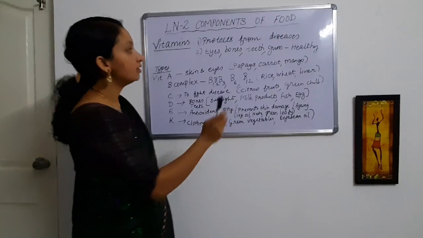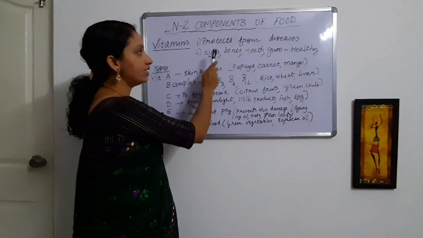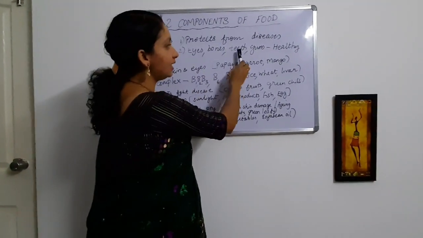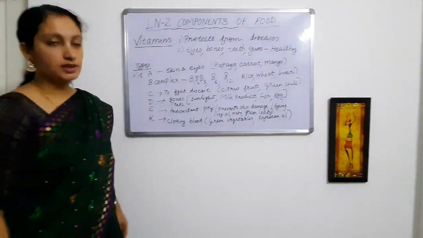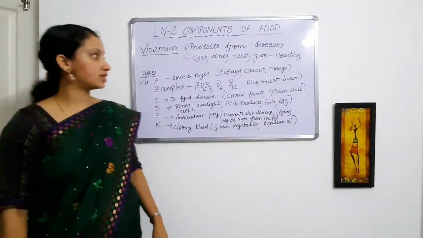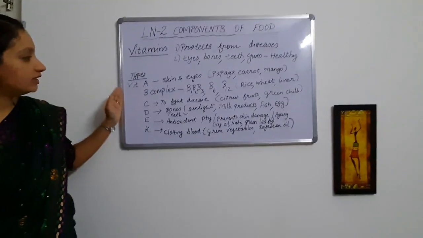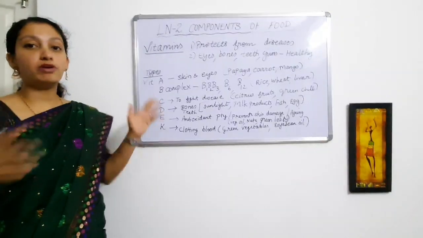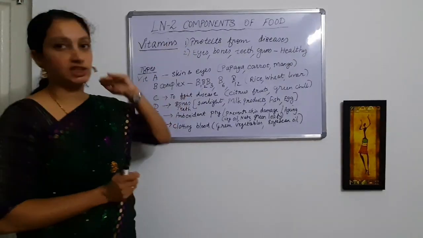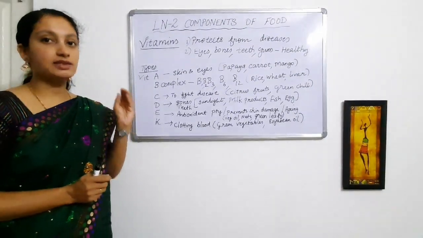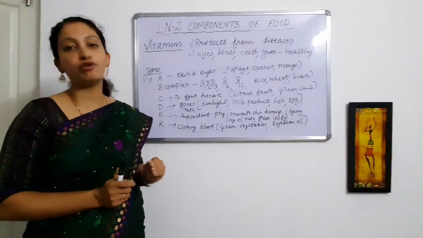Second one is for healthy eyes, bones, teeth and gums. So these are the main functions of vitamins. Moving to the types of vitamins, we have a group of vitamins for all these functions. Each one has its own functions to perform.